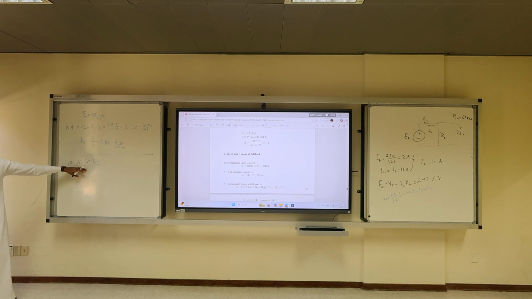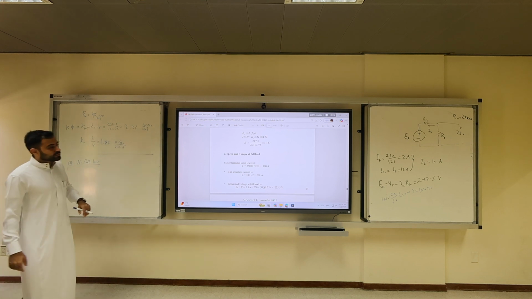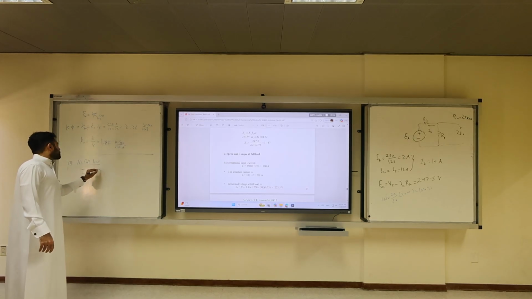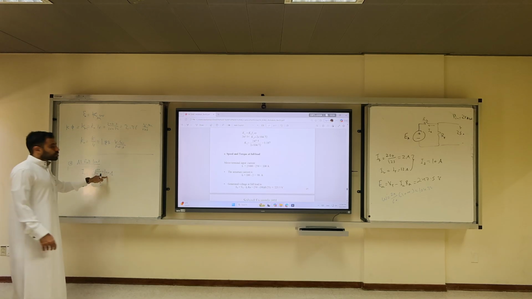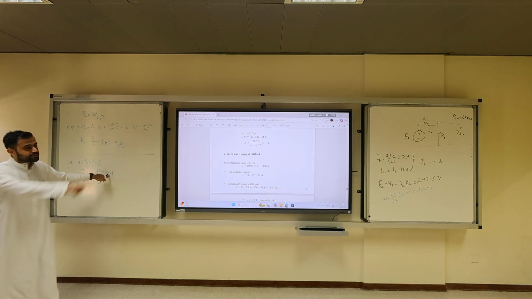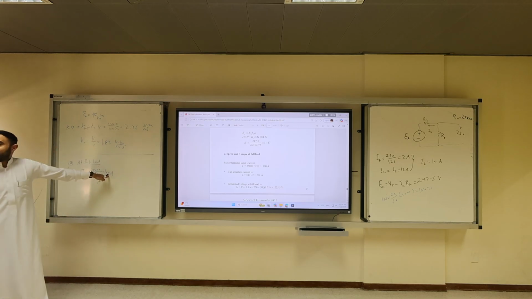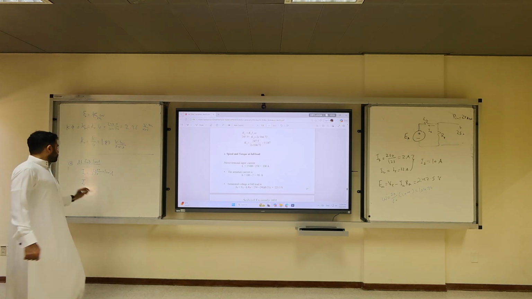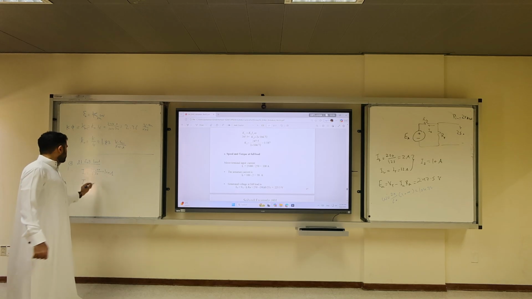At full load, what do we have? We have I terminal is 25,000 over 250, which is 100 amp. So the terminal current, when we connect the load, increases from 12 to 100. Now the field current IF is the same 2 amps.